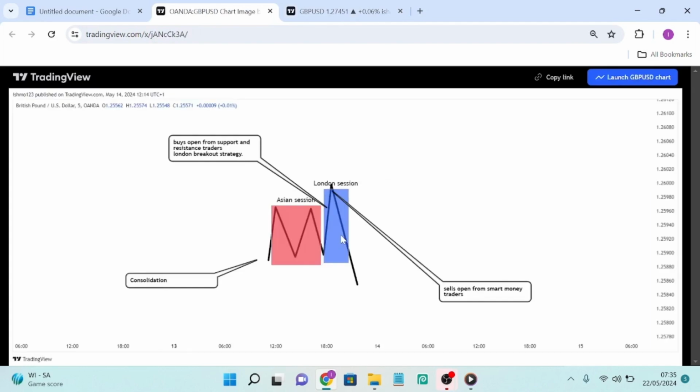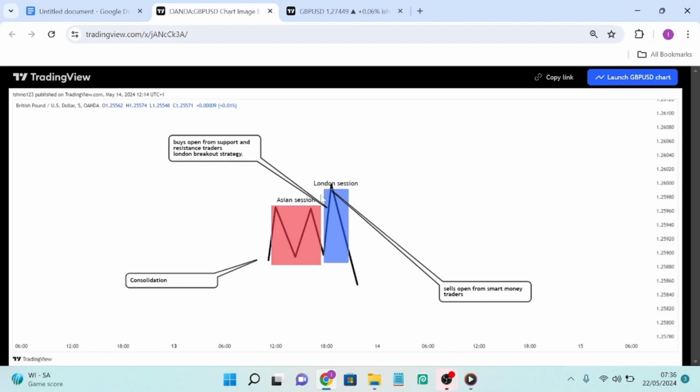For example, I have a diagram right here. We see we have the consolidation. That means support and resistance traders are looking at this level, and when the market pushes either side, they take that direction. So when the market pushes up out of this consolidation, this is a buy.